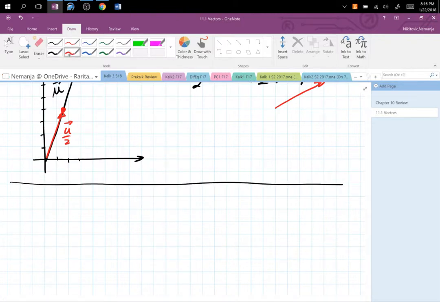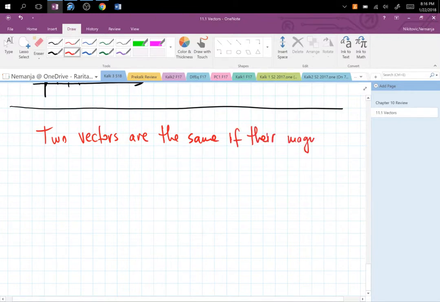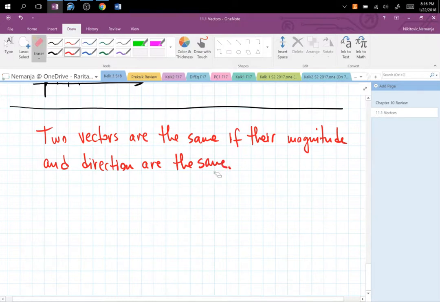Two vectors are the same if their magnitude and direction are the same.